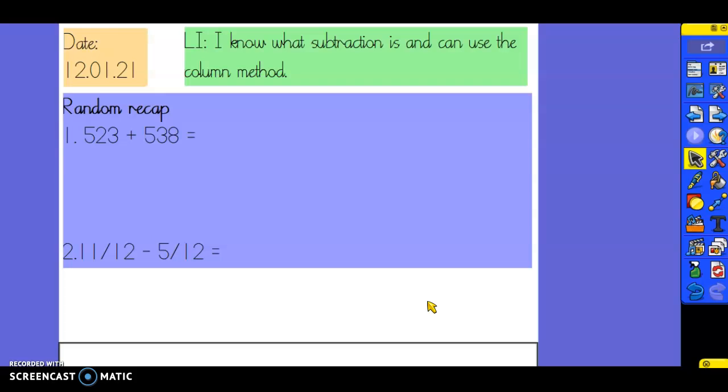Right, well done for having a good try with those two questions. Let's go through the answers now and let's see how well you did. So 523 add 538. So we start with our largest number, which is 538, then 523.